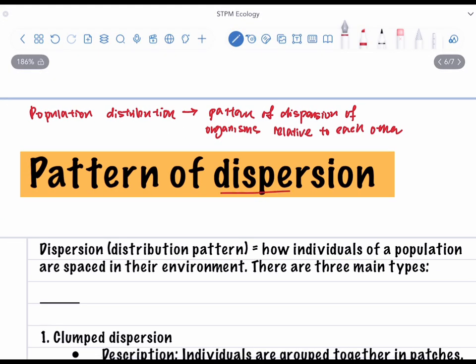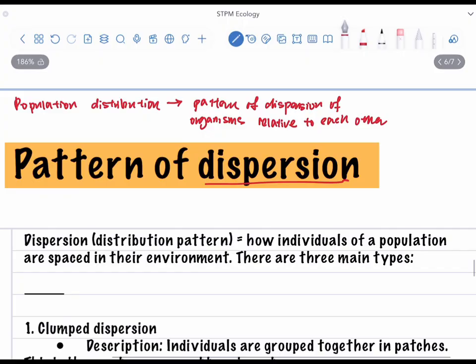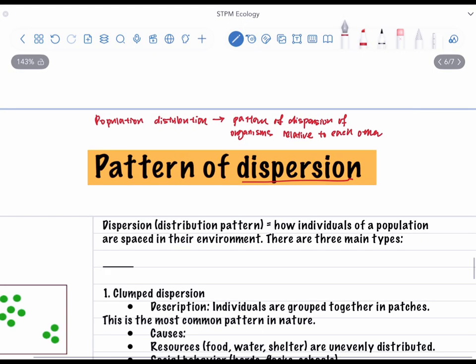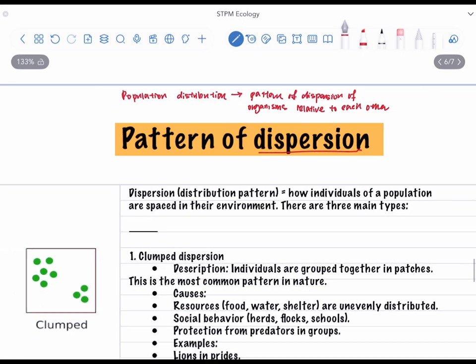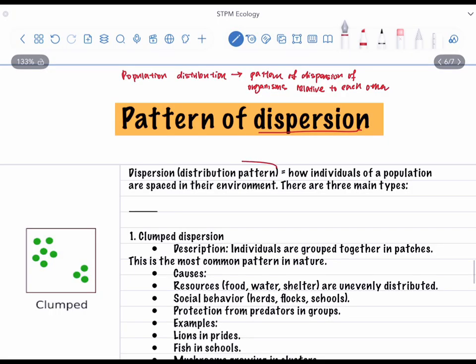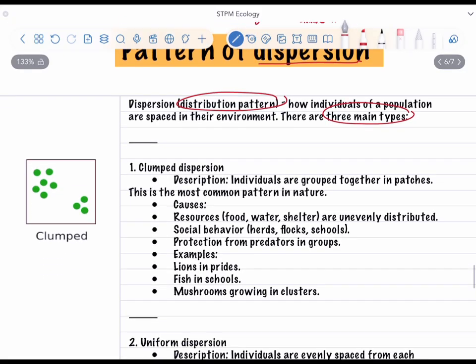So dispersion basically is the pattern of spacing among the individuals within the boundaries of the populations. So dispersion is just the distribution pattern where it describes how the individuals of a population are spaced in the environment. As I mentioned just now, we have 3 types of patterns of dispersion.